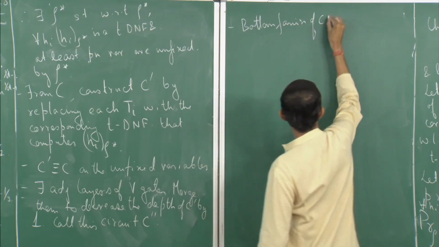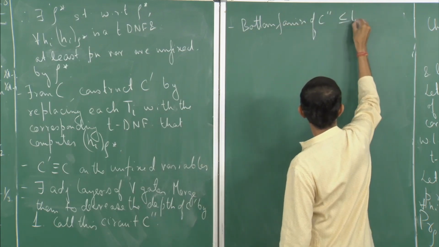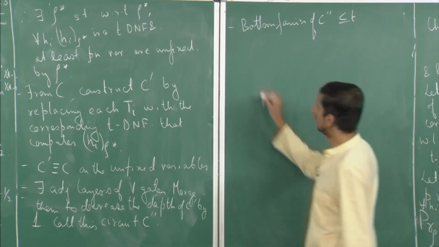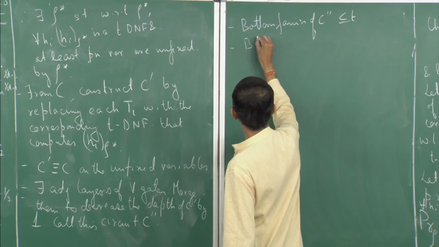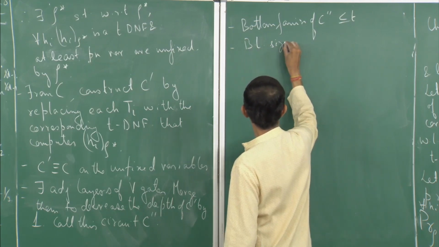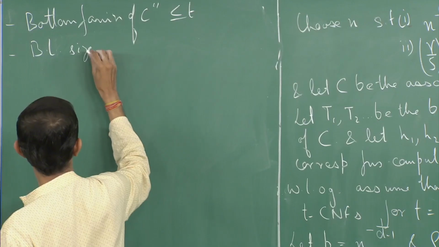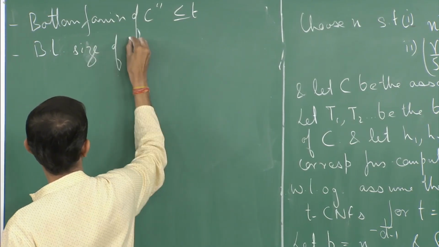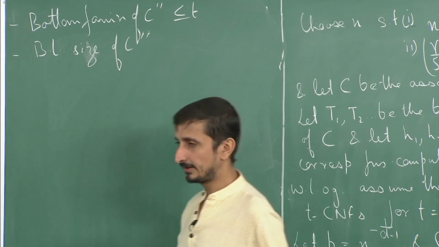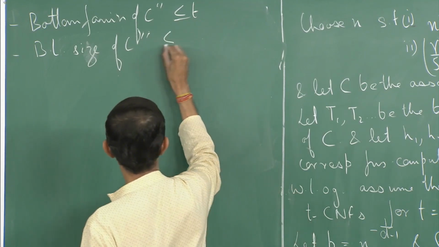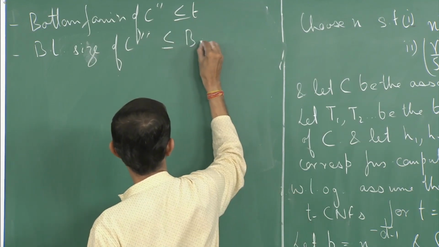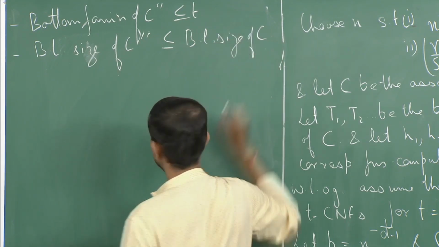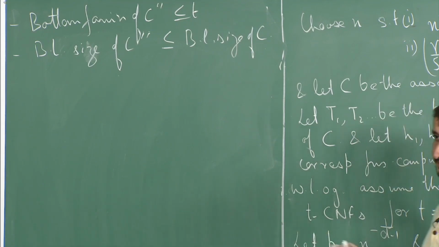The bottom fan-in of C double prime is still bounded by T. I am not changing anything at the bottom. The bottom last size of C double prime is still bounded by the bottom last size of C, because I am not introducing any gates.